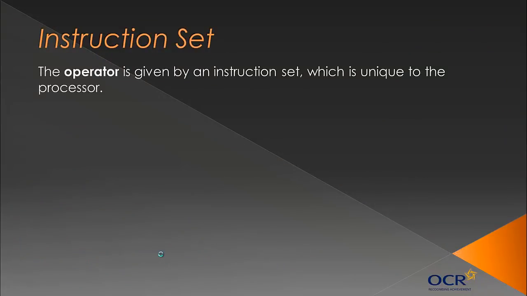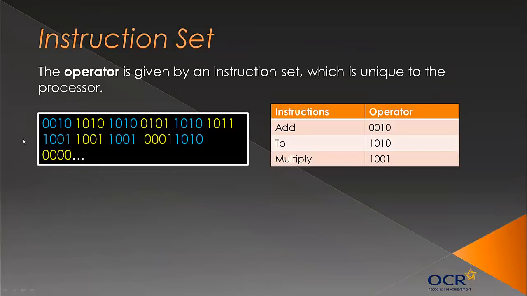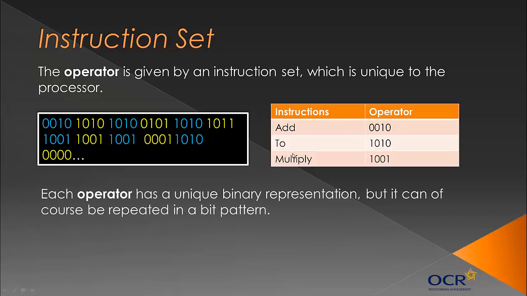An instruction set is basically like a table with each instruction given a unique operator, which is basically what that says there. So if we have our code here again, I've done it by colours just so you can see, it wouldn't be like this. This turquoise colour represents the operators, and each one will be part of a huge table that the processor is built with, that has a unique operator for each instruction.